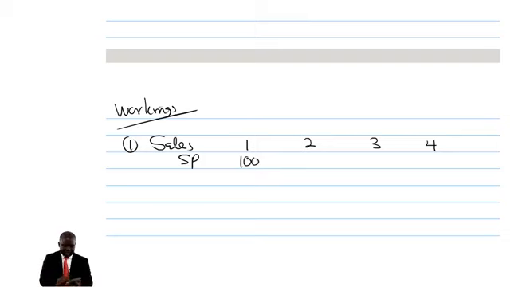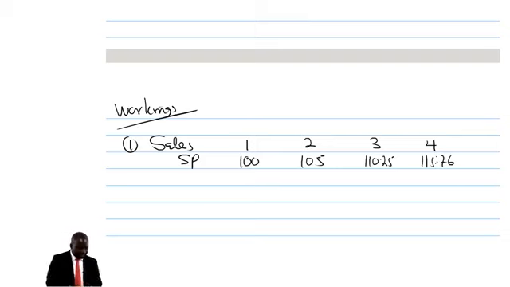So 100 times 1.05 gives me 105, times 1.05 is 110.25, times 1.05 is 115.76, isn't it? 115.76.